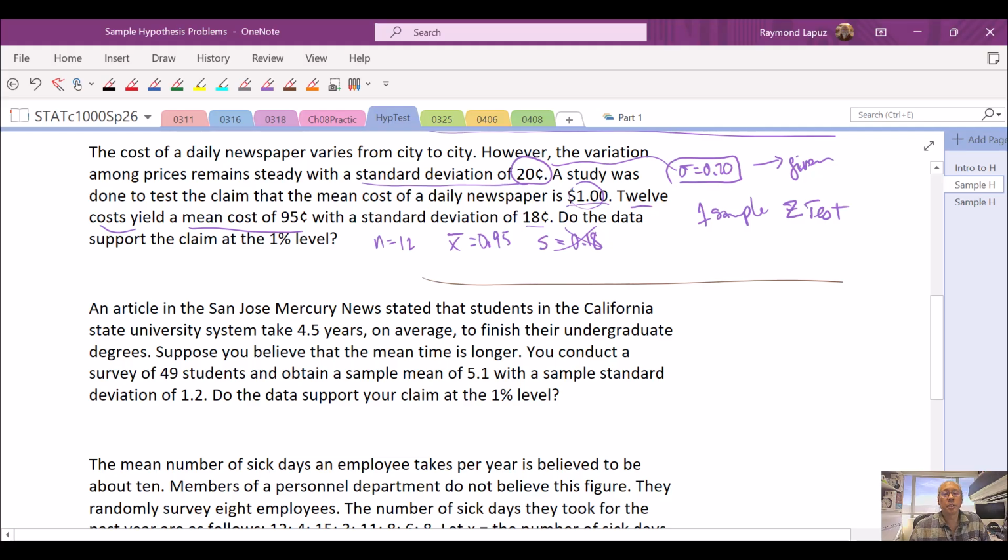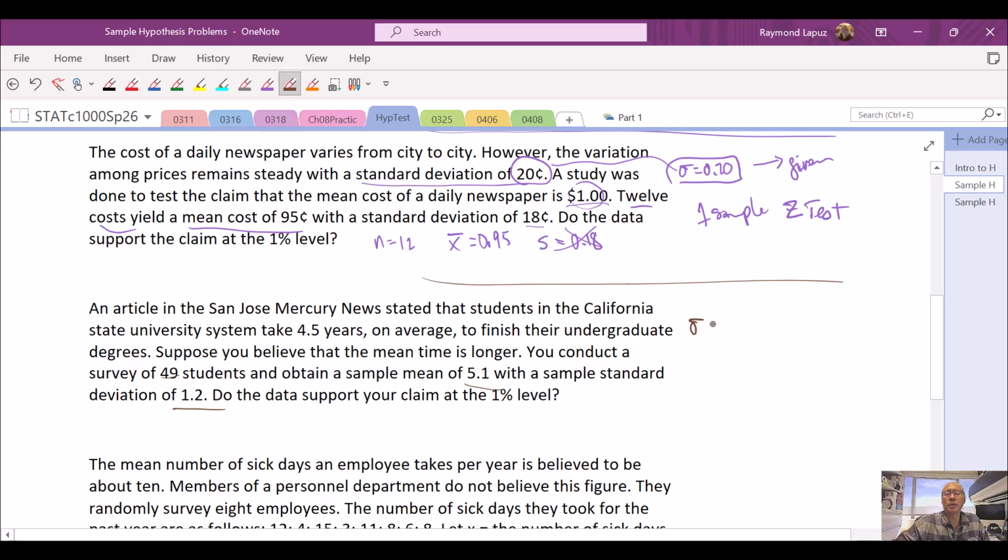An article in the San Jose Mercury News stated the students in the California State University system take about 4 years on average to finish their undergraduate degree. Suppose you believe that the mean takes longer. You conduct a study of 49 students, obtain a sample mean of 5.1, and then a standard deviation. So I don't see anything about the population standard deviation.